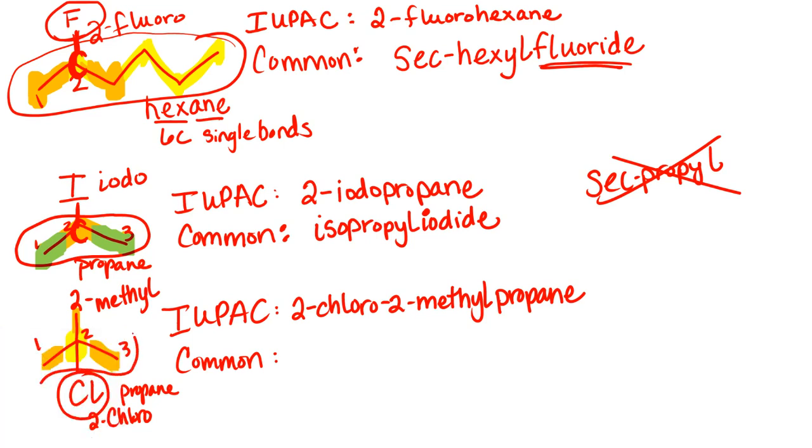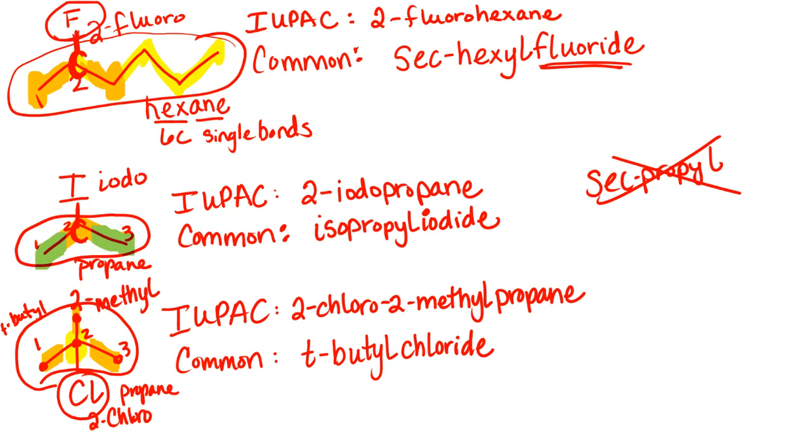So this alkyl group is tert, and the total number of carbons are 1, 2, 3, 4. And so our prefix for 4 is butyl. And so this becomes a t-butyl group, a tertiary butyl group. So what we've got for our alkyl group is t-butyl, and then our chlorine becomes chloride.